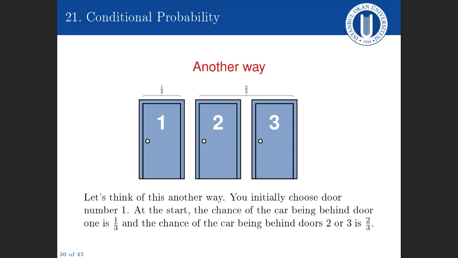Let's think of this problem a different way. Again, let's suppose initially we start with door number 1. So at the start, the chance that the car is behind door number 1 is 1/3. The probability that the car is behind door numbers 2 or 3 is 2/3.